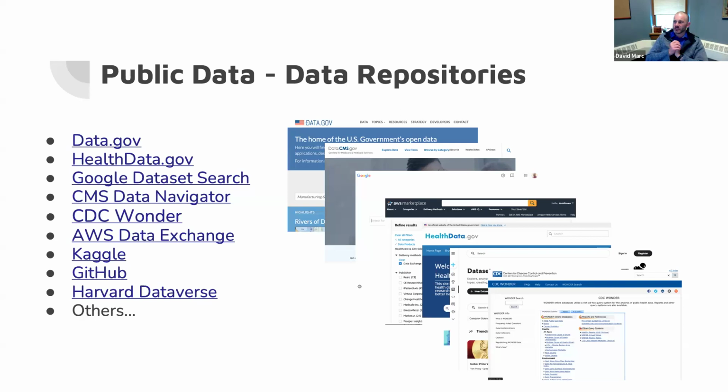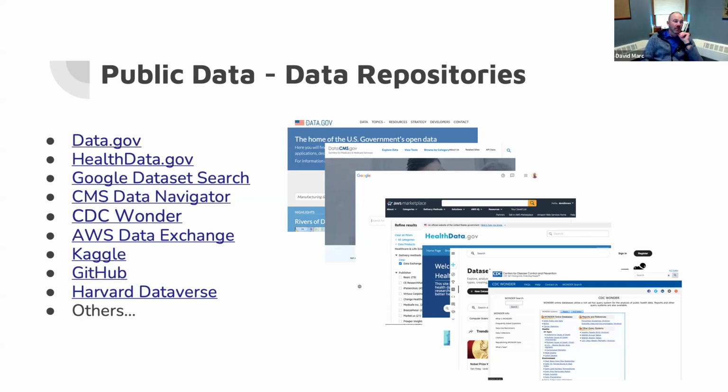They use something close to Google's own schema format for how you can search and retrieve that data. CMS Data Navigator is an example of a lot of the data available through the Centers for Medicare and Medicaid. CDC Wonder is another example of a data repository through the CDC.